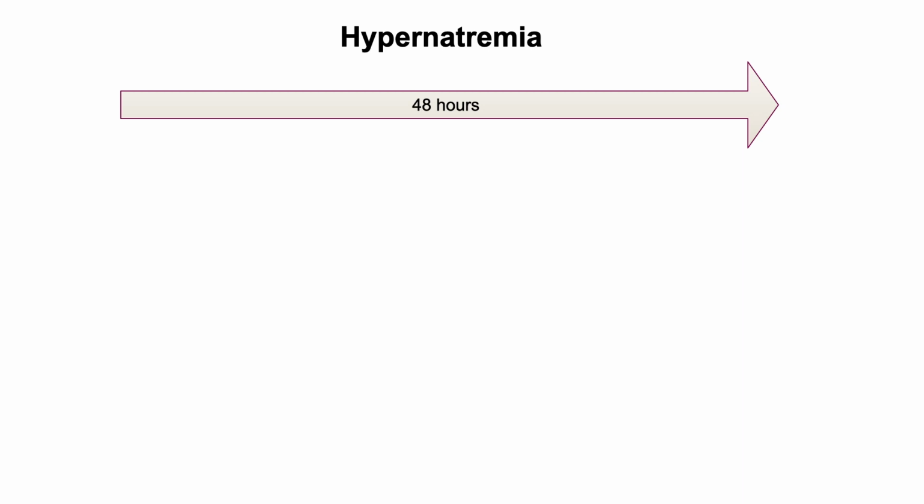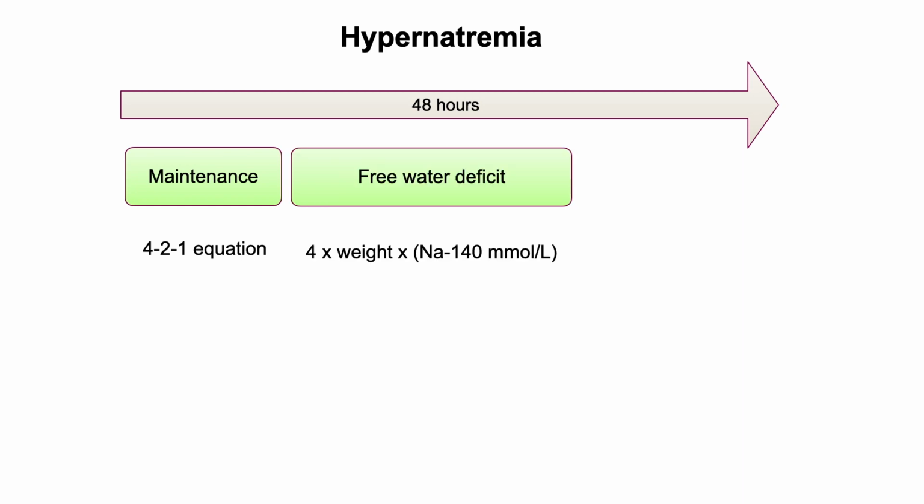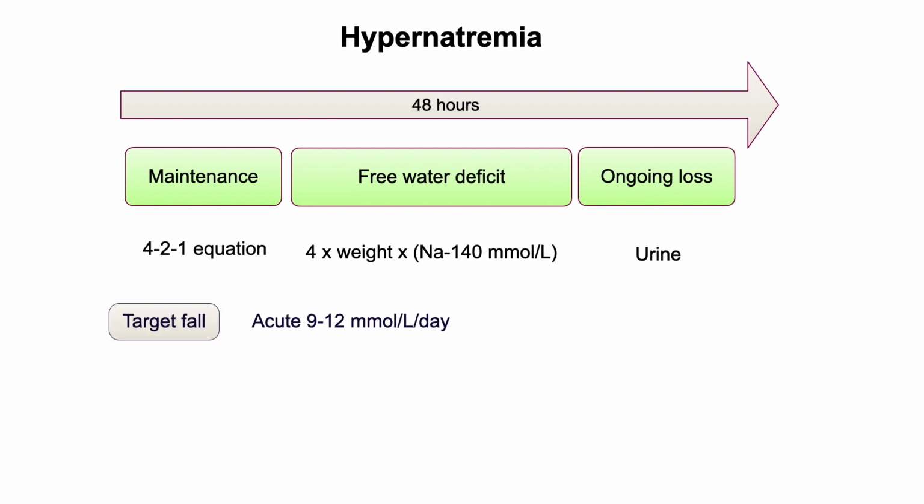We usually aim to correct over 48 hours using maintenance fluid, using the standard 4-2-1 formula, plus the free water deficit, which is essentially 4 ml per kg for every increase in sodium over 140, plus ongoing losses. The aim is essentially to have around a 9 to 10 millimoles per liter per day fall in sodium in acute cases, and a more gradual 6 to 9 in chronic cases.